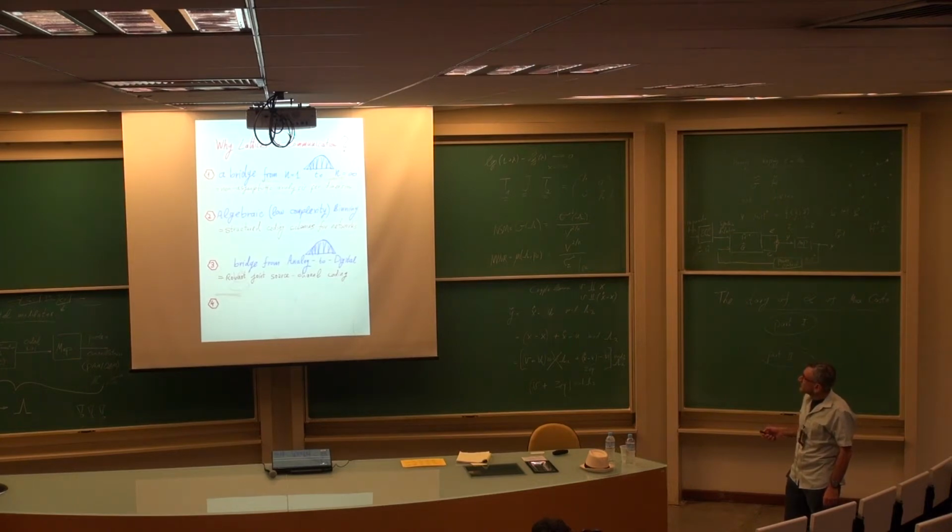So I promised you all kinds of reasons why lattices are good in communication: a bridge from dimension 1 to dimension infinity, binning, joint channel coding that we will not talk about because there is no time, and Gaussian networks.